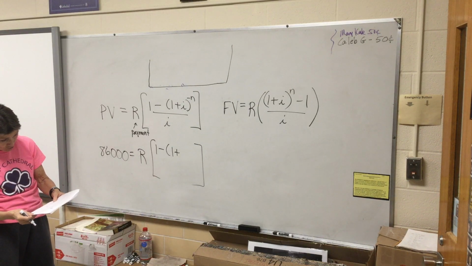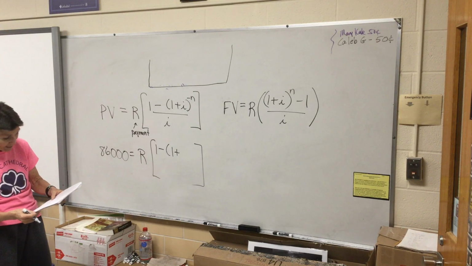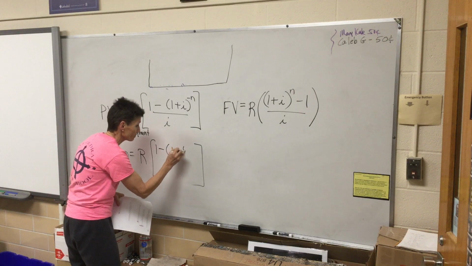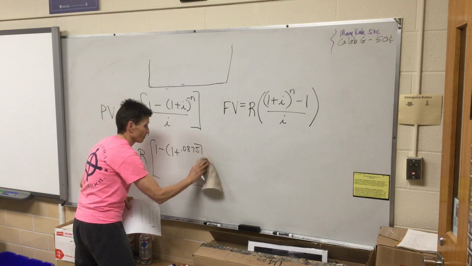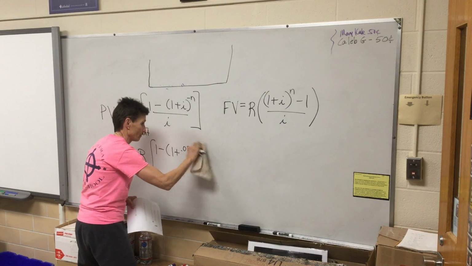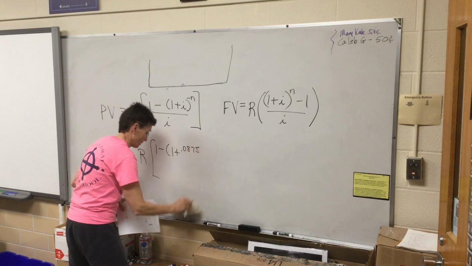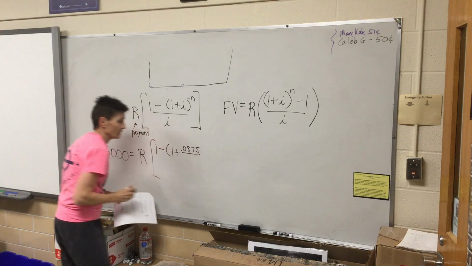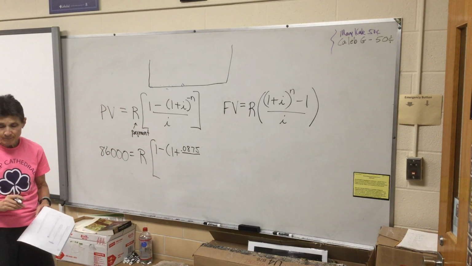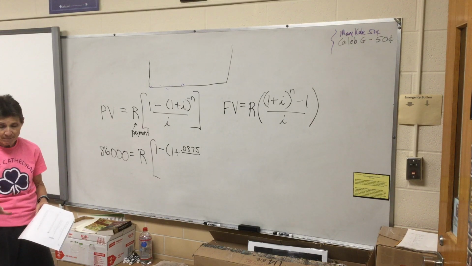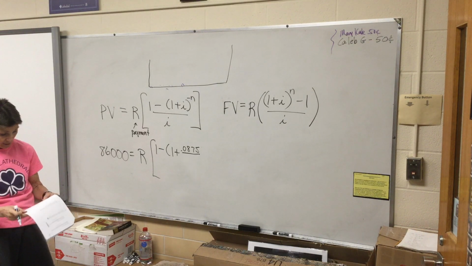And the interest rate is 0.0875. Remember, in these formulas you have to divide your interest rate by the number of payments you're making a year.